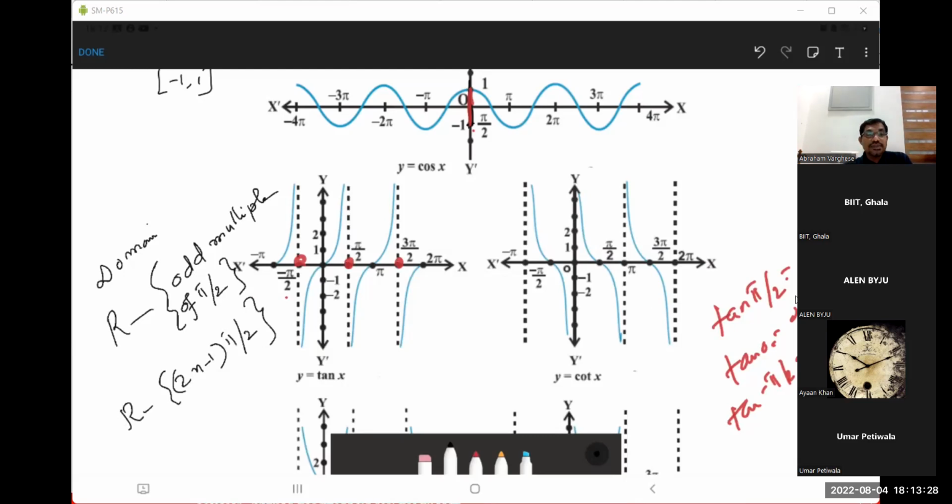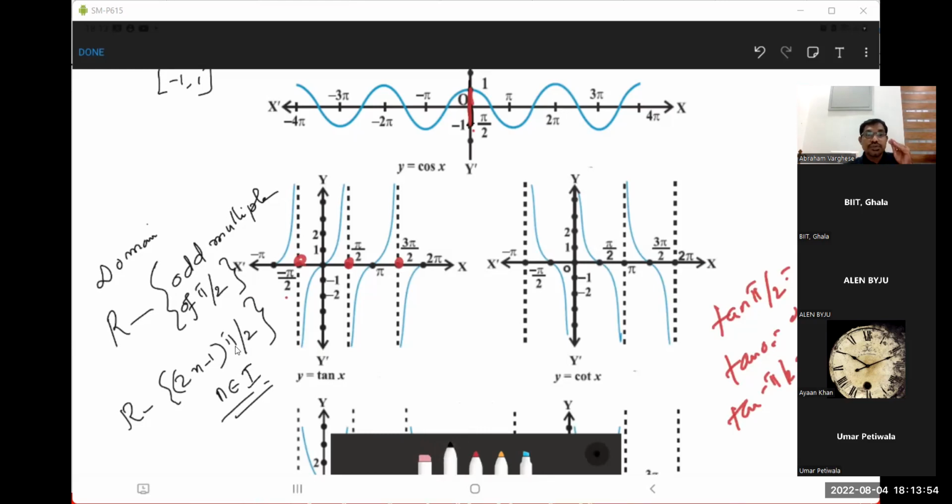What do you mean by (2n minus 1) pi by 2? When you put n equal to 1, you will get pi by 2, where n belongs to the integers, because negative numbers also will come, no? N equal to 2, I'll get 3 pi by 2.